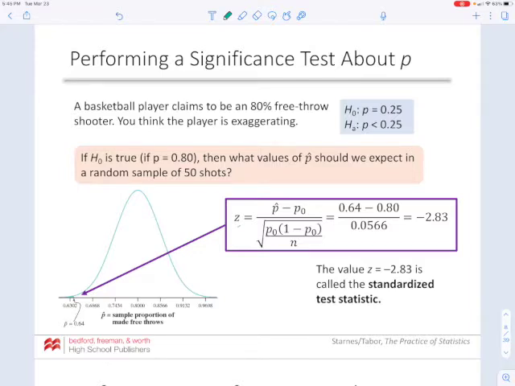When we're dealing with proportions, we're using z. Remember, it's the statistic minus the parameter divided by the standard deviation. The statistic is the value that comes from your sample, so that was the 64%, 0.64. The parameter is that claimed value. The claim was he was an 80% free throw shooter. And then our standard deviation, the square root of p times 1 minus p over n, we calculate using the claimed value. Then you have your test statistic, your z-value in this case.